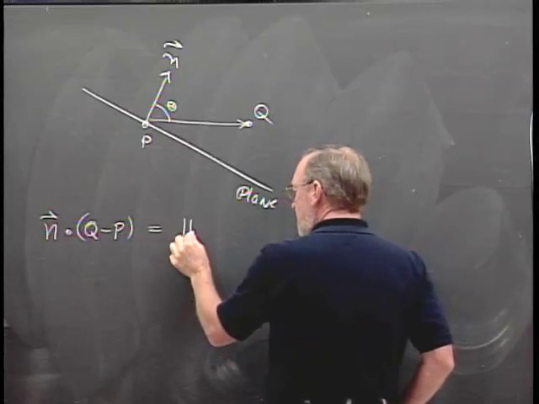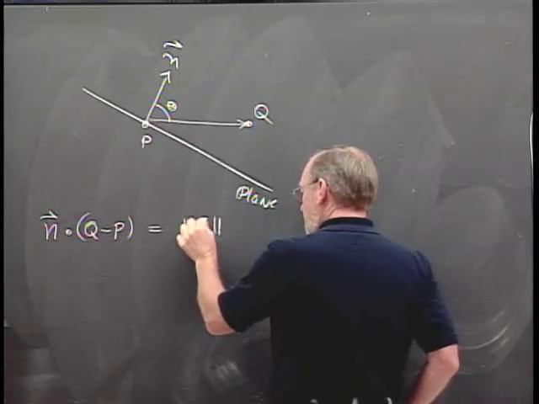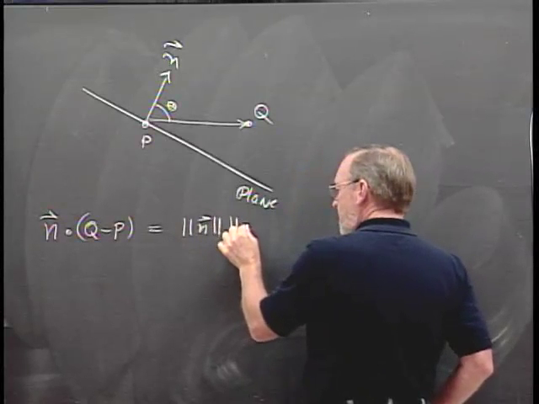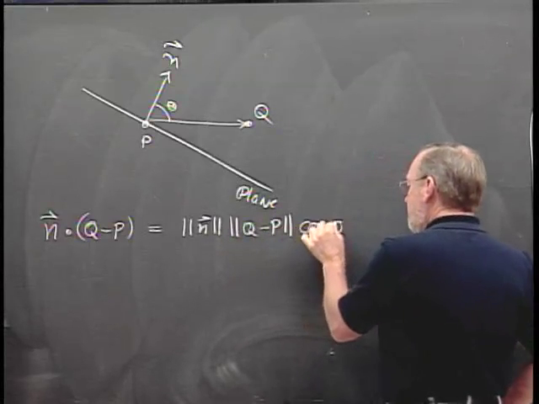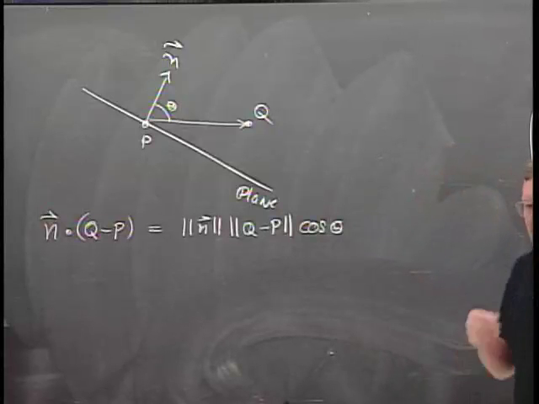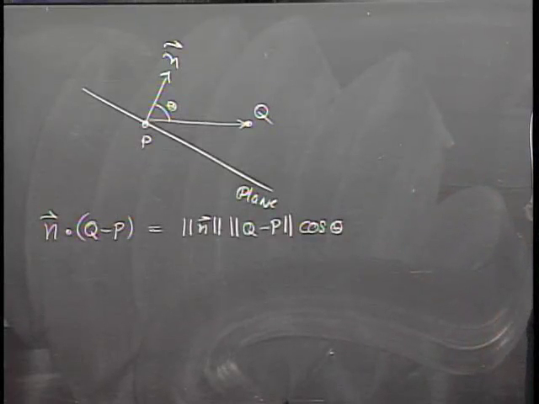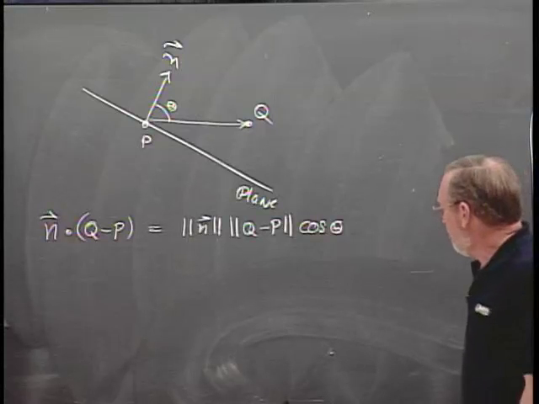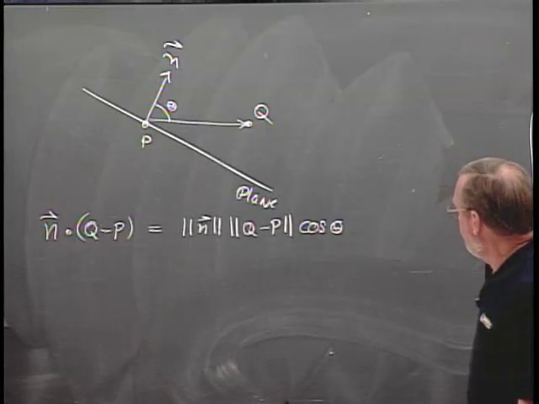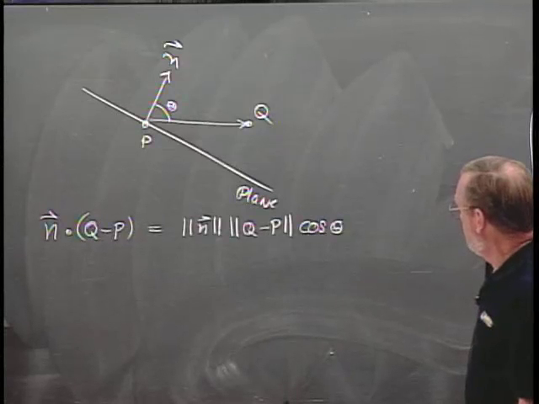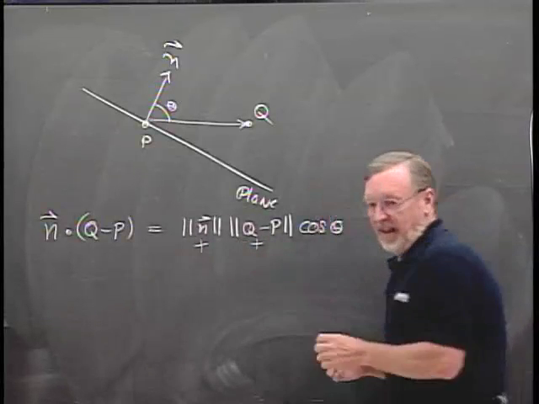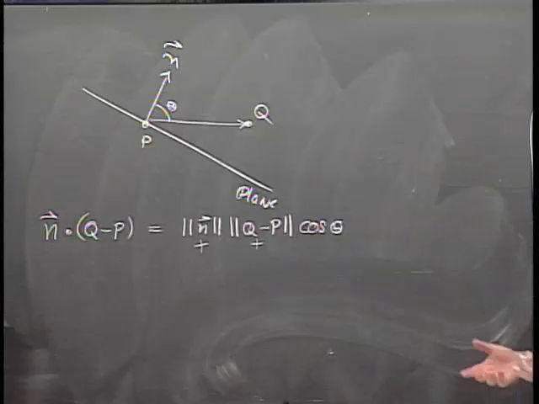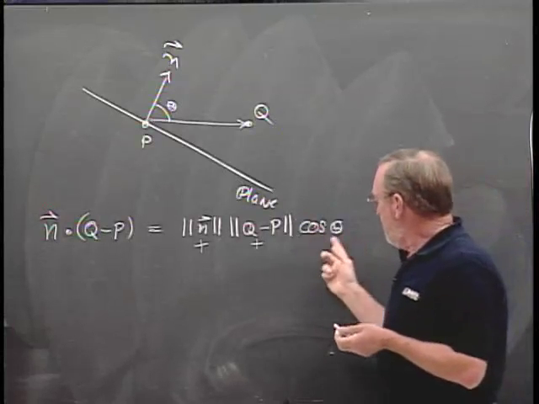This is equal to the length of n times the length of Q minus P times the cosine of the angle between them. And these two lengths are positive numbers, so it's the cosine of theta here.